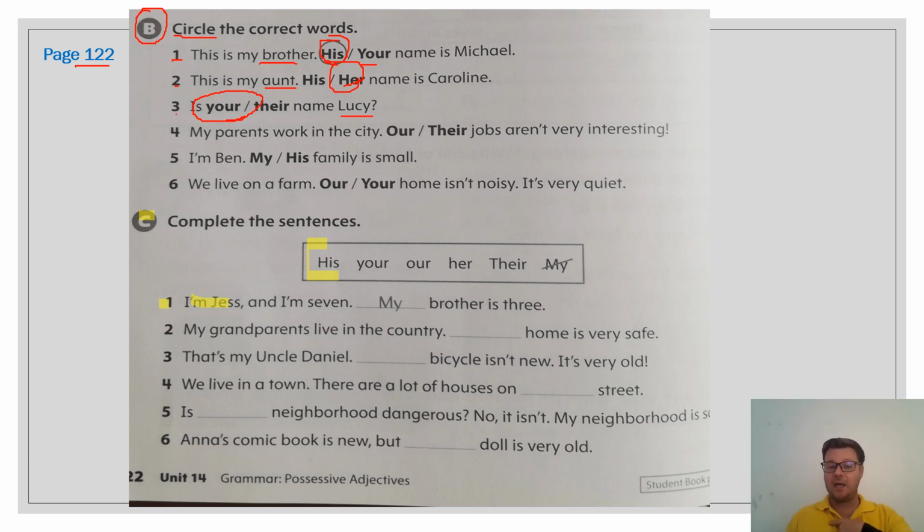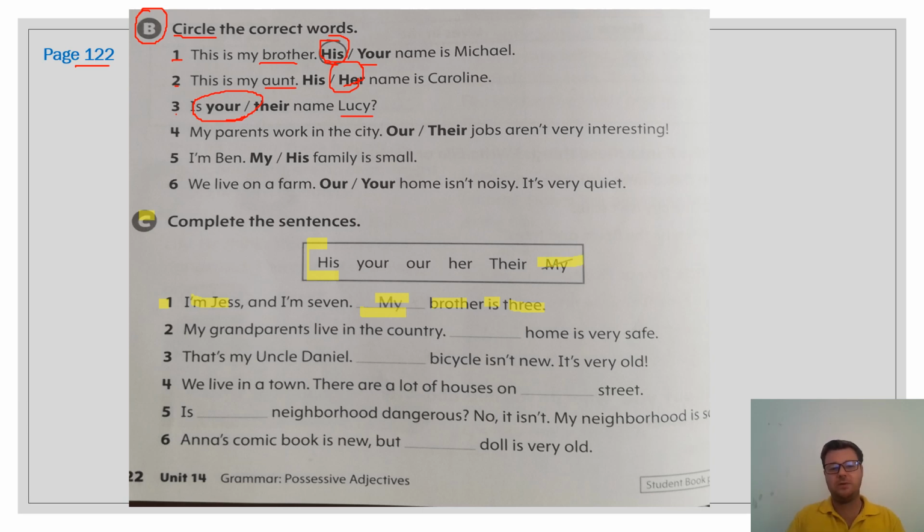And I'm 7 years old. Blank, brother, is 3 years old. I'm talking about I, pronoun I, possessive adjective my. My brother is 3. Then you're going to use your pencil and write your answer.